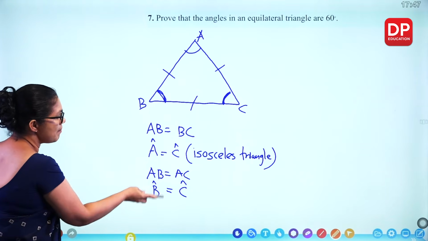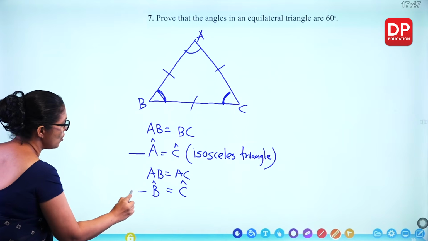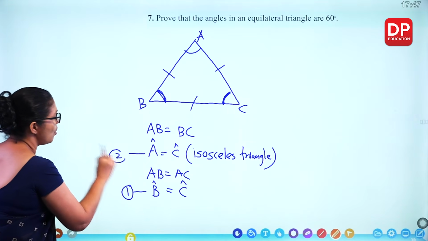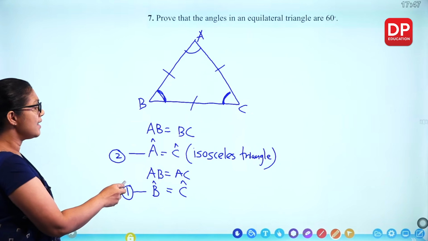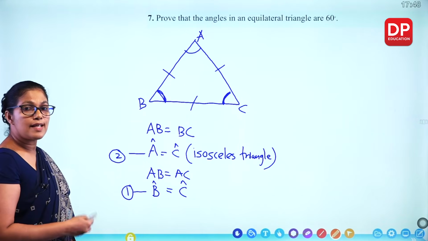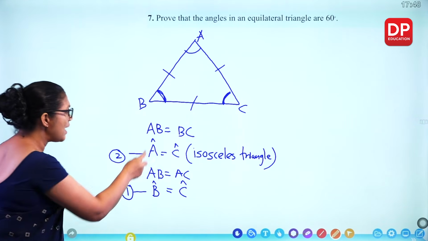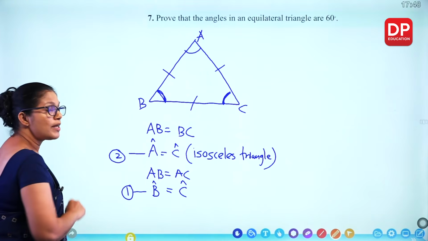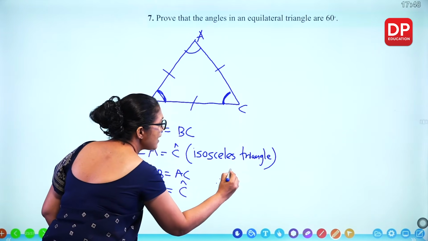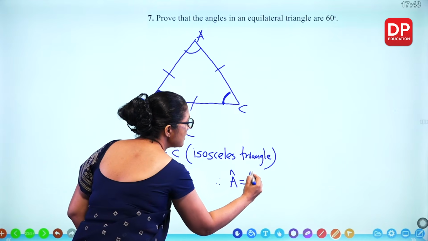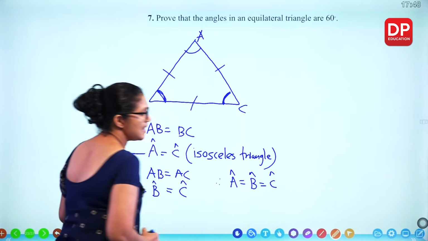So can you see by looking at these two? C angle is equal to A angle. Again, C angle is equal to B angle. So that means A also equal to B. So we can write therefore A angle is equal to B angle is equal to C angle.